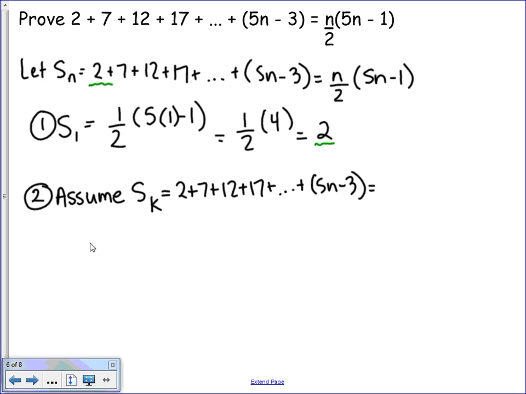Oh, got to change it to a k. 5k minus 3 is equal to k over 2 times 5k minus 1. So in step 2, you always start by just replacing the n with k.